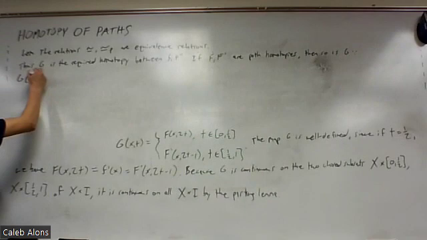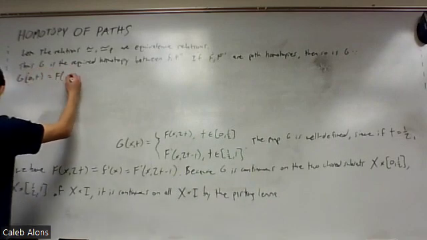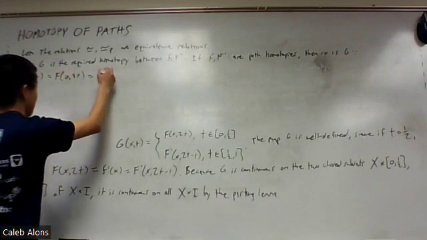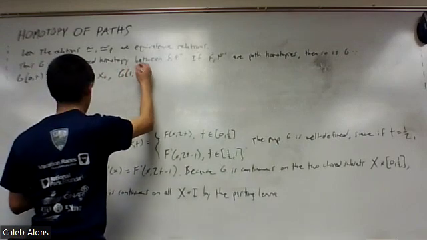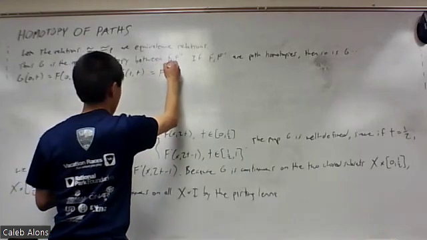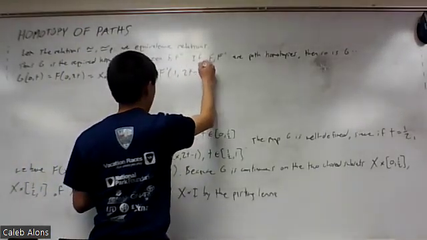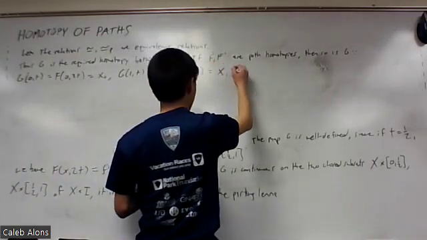G(0, t), so at the initial point, is the same thing as F(0, t), which is x naught. And if I do G(1, t), then that's F prime(1, 2t minus 1), which is the final point x1.